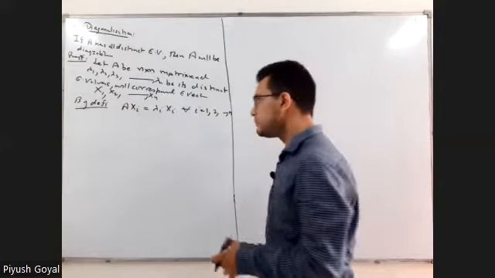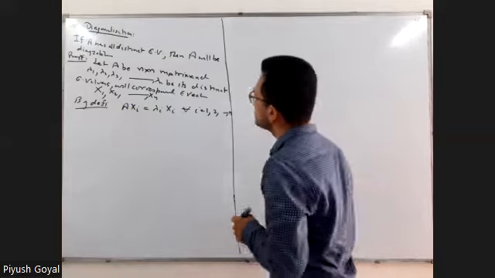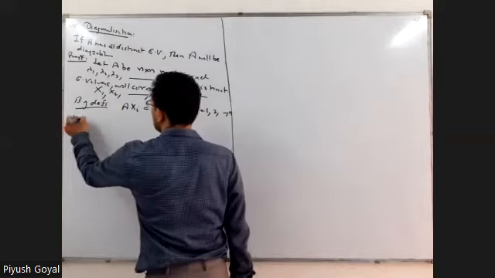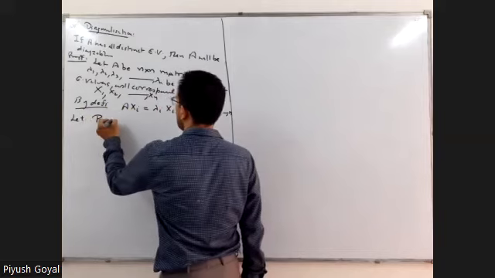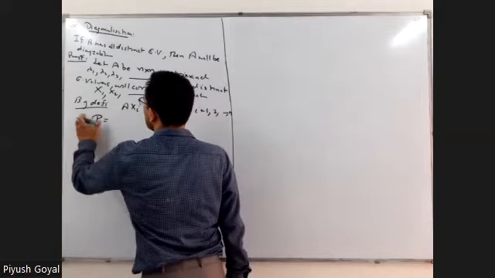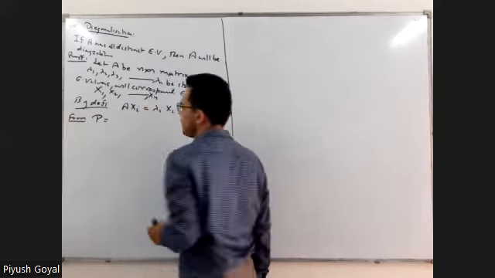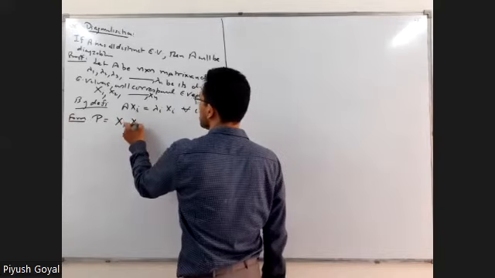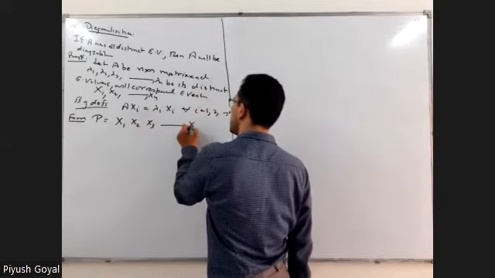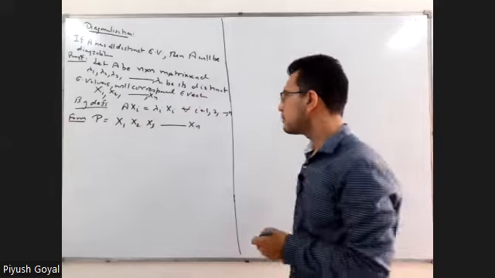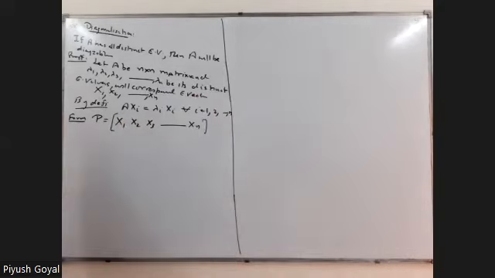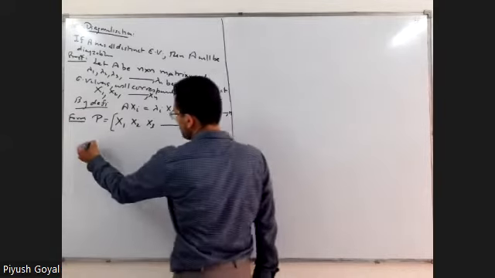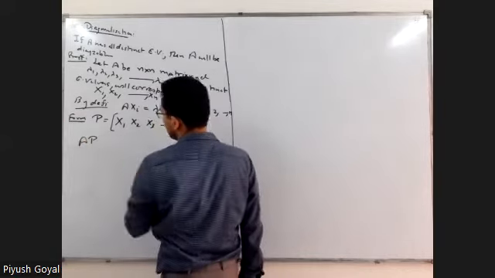Clear to everyone. Now let us form capital P equal to x1, x2, x3 up to xn.